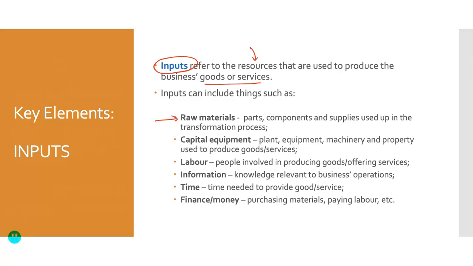But they also need capital equipment, which is the plant, equipment, machinery, and the property to actually start the process. They need labor, so they need the people to do this. We won't create chocolate without people. We need the information, so the knowledge relevant to make the chocolate and the knowledge relevant to the business operations. Time and money as well.